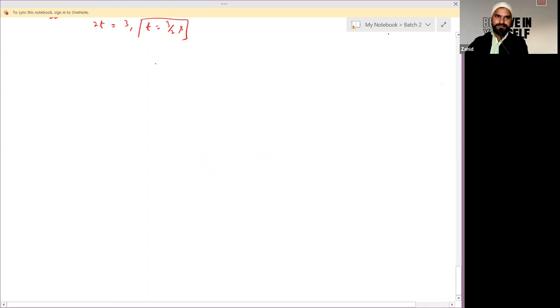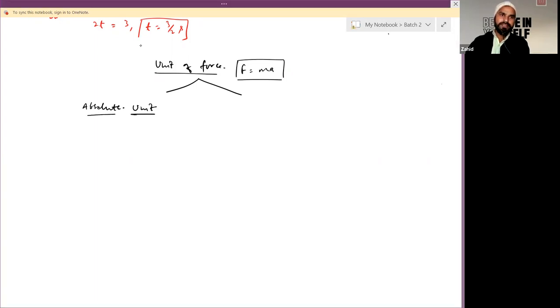Now next is unit of force. As we have, force is equals to mass times acceleration for constant mass. We may define first absolute unit.